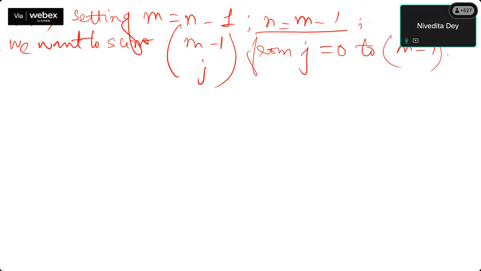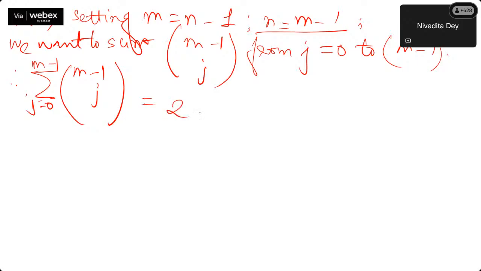Therefore, sigma of (m minus 1 choose j). Now this is equal to 2 to the power n minus 1.